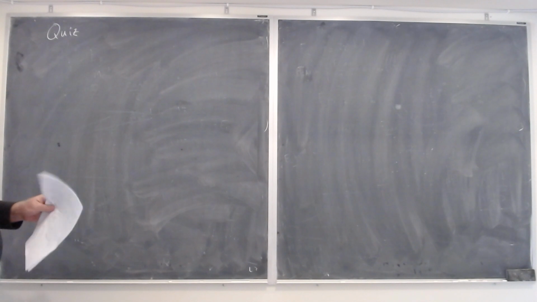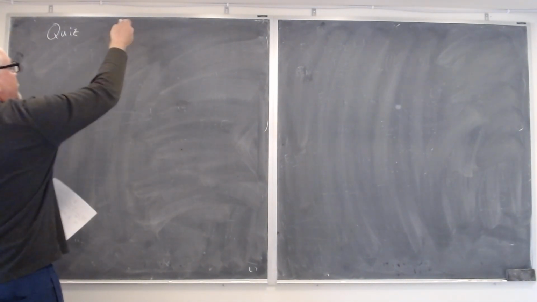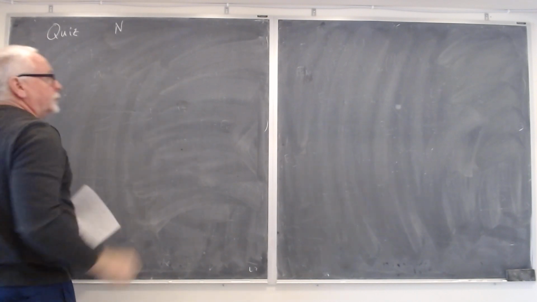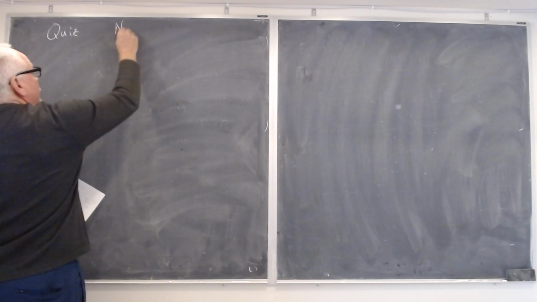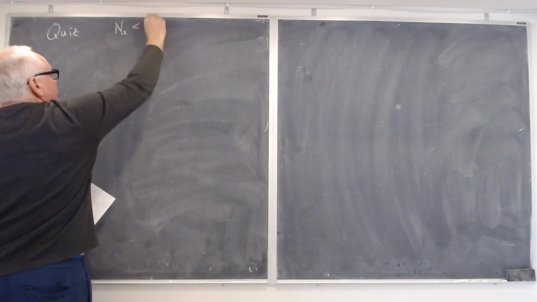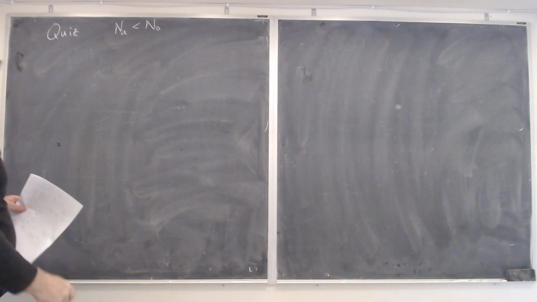Let's do the quiz this way. Let's just start first with the premise, that Ni is less than Nd. That's what you were supposed to realize from the diagrams.